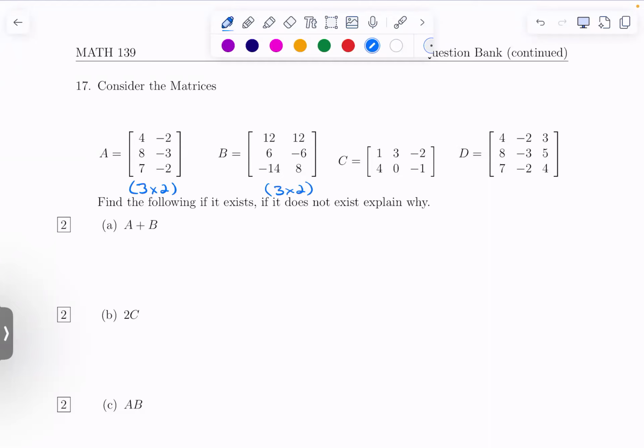So they have the same order and the same size. C is a 2x3 matrix. And D is a 3x3 matrix. We need those orders to figure out if we can add matrices or multiply matrices or find the inverse of a matrix, right?